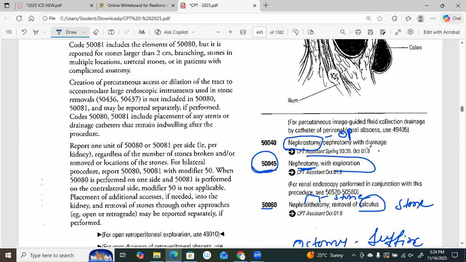So the kidney is basically approached through a flank incision. In this case, for nephrolithotomy, we have to approach the kidney through the flank incision.